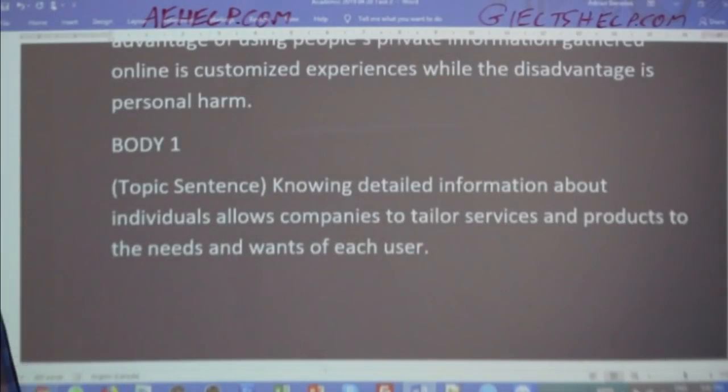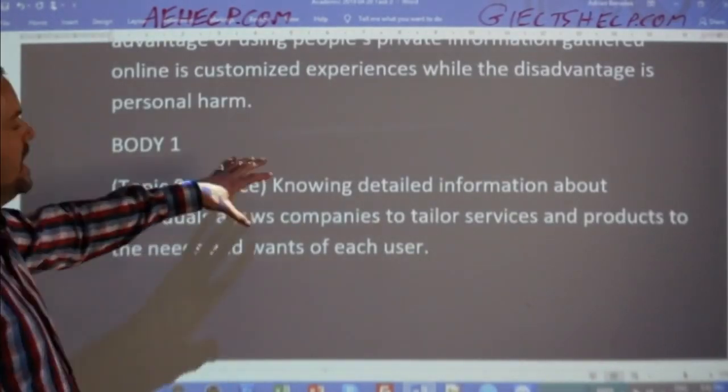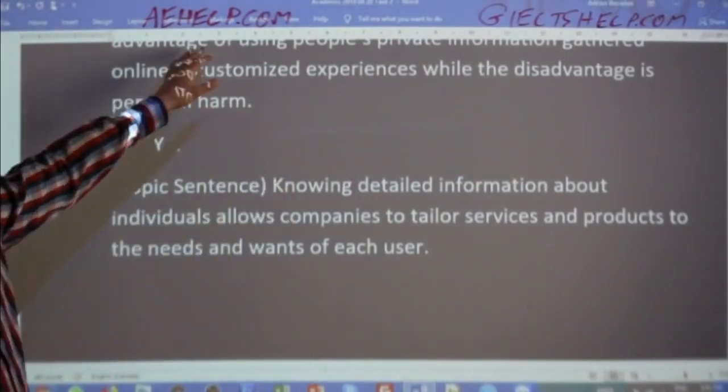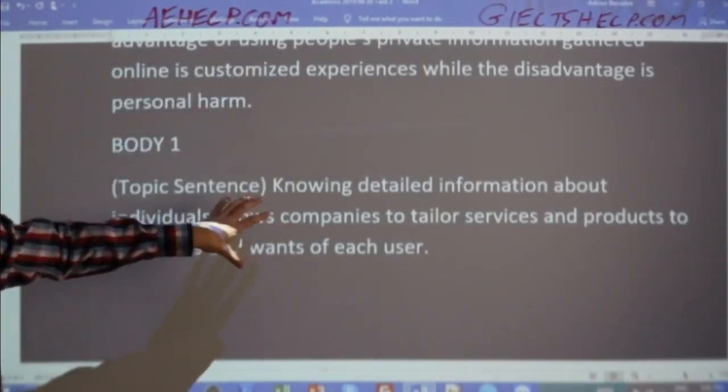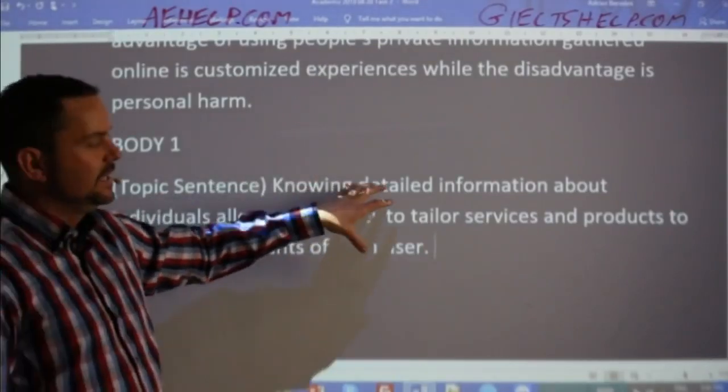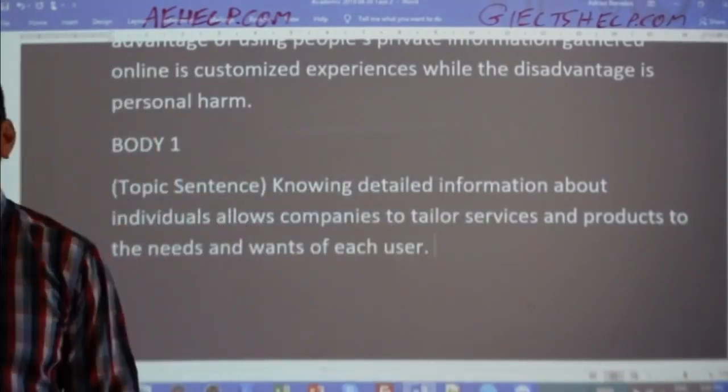Boom, there you go. That's your topic sentence. So all I've done here is I've taken the first point of my thesis and I've expressed it in greater detail and more definition. Okay?